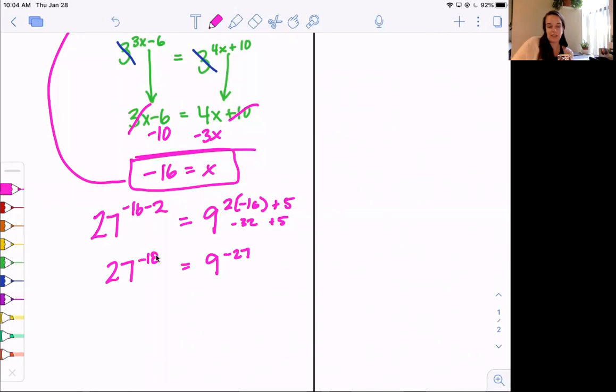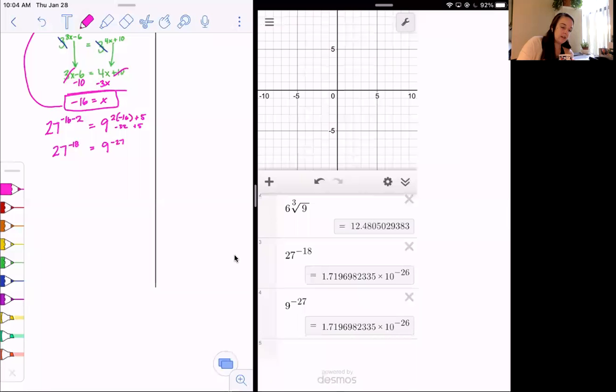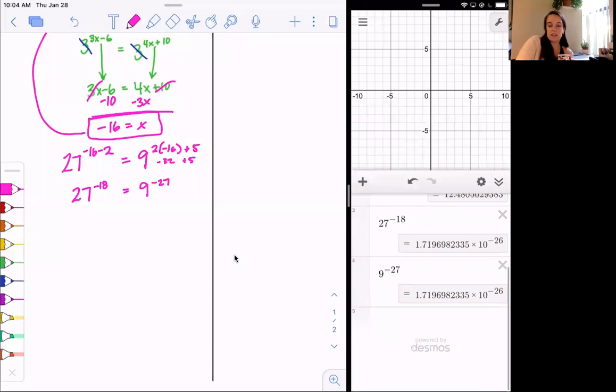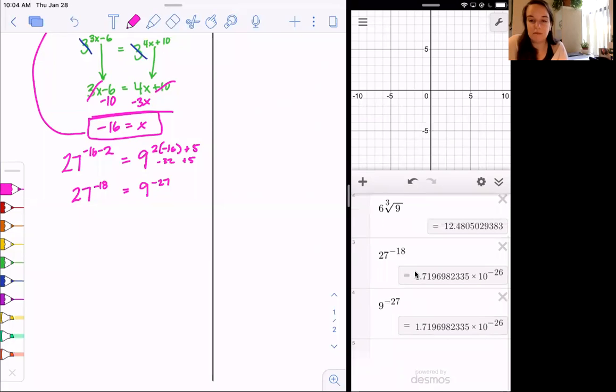So 27 to the -18 needs to be equal to 9 to the -27. I can do that on my calculator, although those are going to be wicked small numbers. I think I already did it. Yes, I did. See how both of these numbers are equal to each other? That means that this is a correct answer. Therefore, we know our -16 is correct.